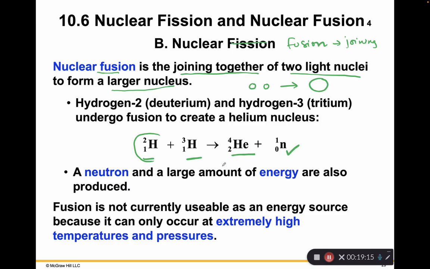Nuclear fusion is a very important nuclear reaction that takes place on the surface of the sun and other stars. Currently, we cannot use that kind of reaction because it requires extremely high temperature and pressure.